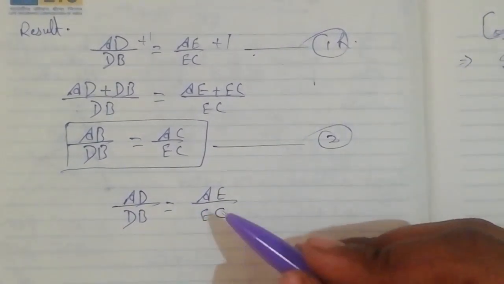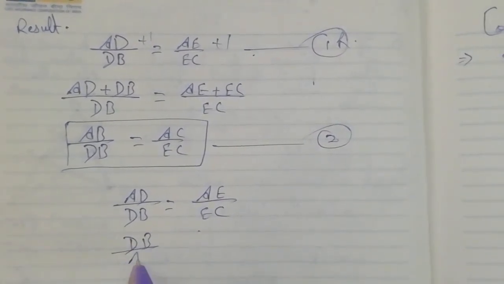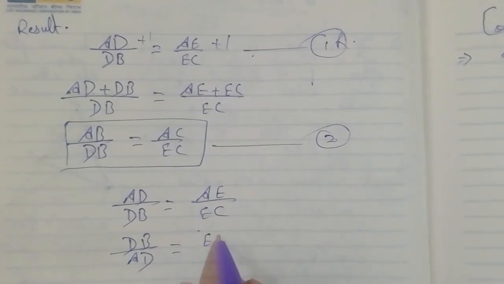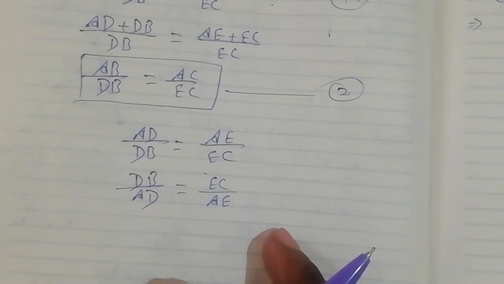Okay, so if I take the reciprocal here, it means DB upon AD is equal to EC upon AE. It is also true that we can do anything to both sides of the equal sign.